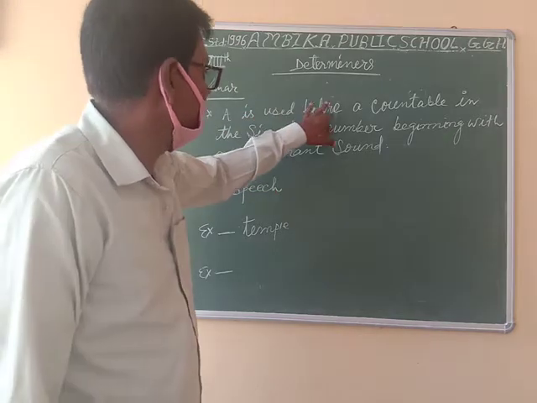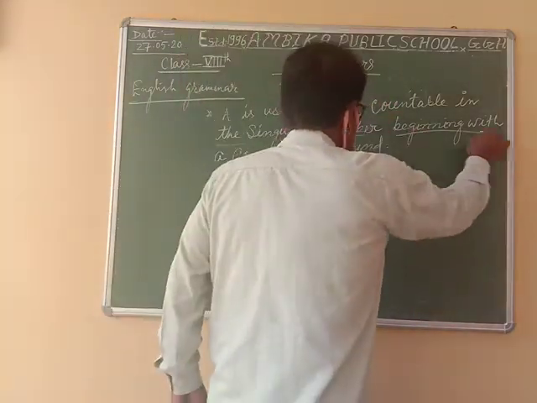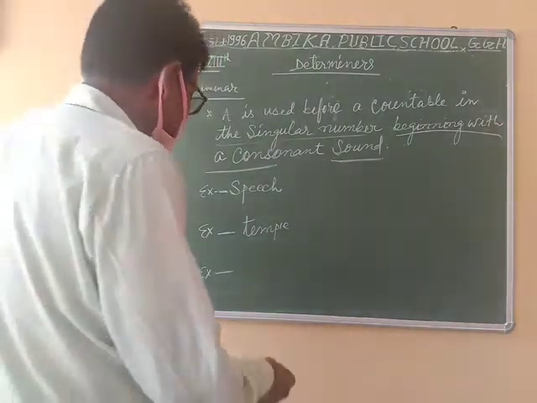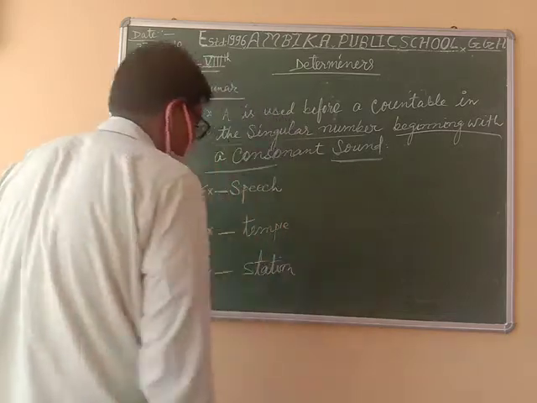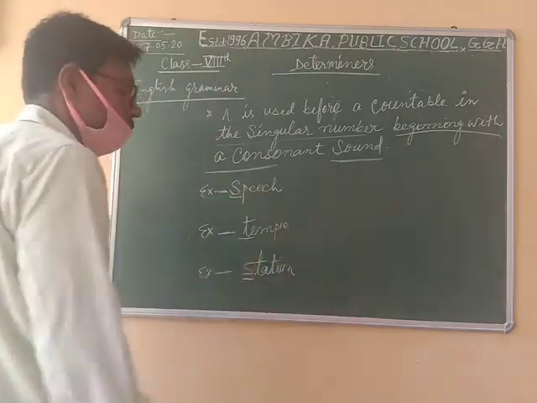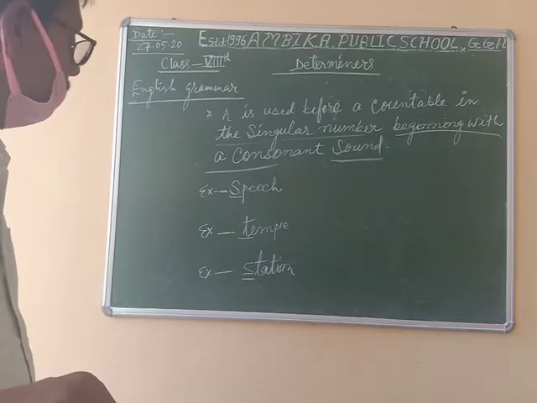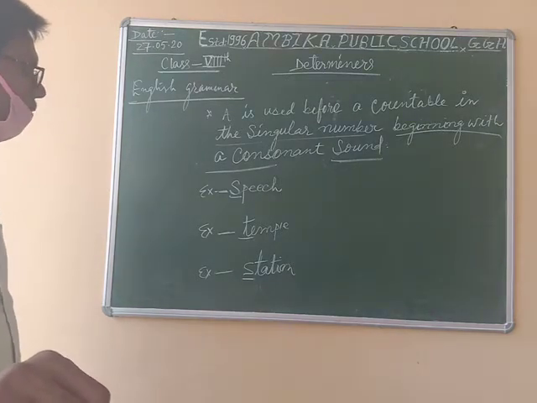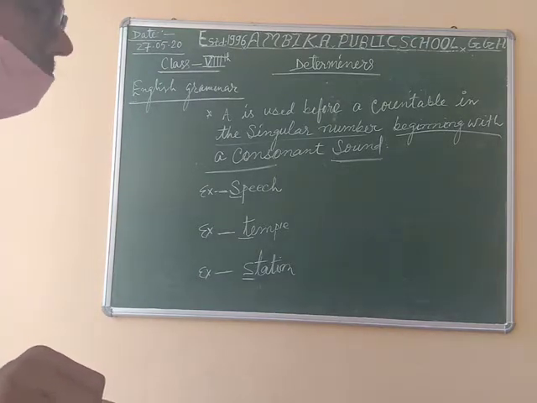A is used before a countable in the singular number beginning with a consonant sound. These words begin with a consonant, and we have read that before a consonant we have to use the article A in the sentence.